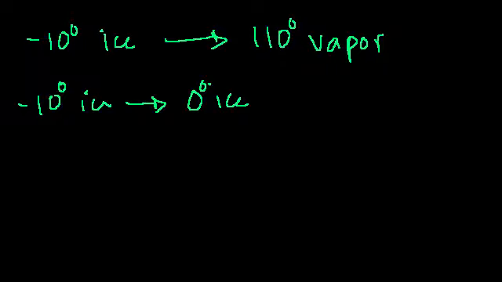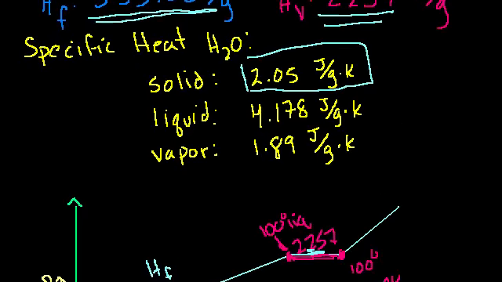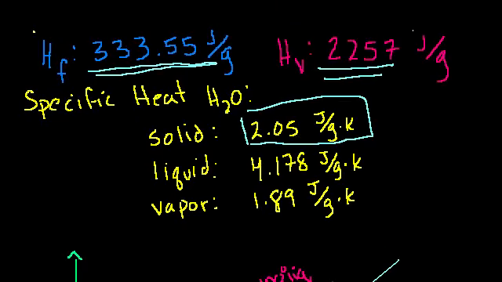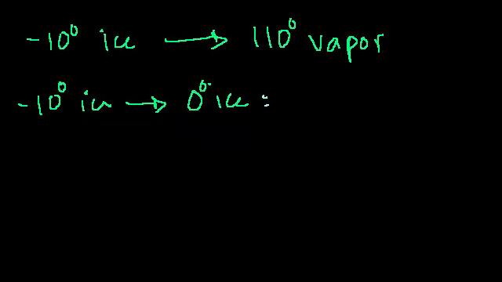So the heat is going to be equal to our change in temperature. Actually, let me write the specific heat first: 2.05 joules per gram Kelvin. Our specific heat times, oh, and I should tell you, we're going to have different values for the amount of ice we're warming up to vapor.